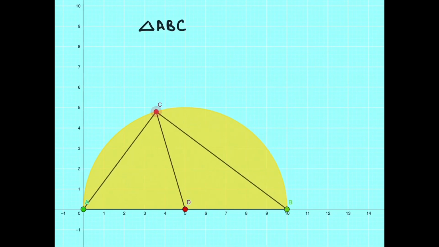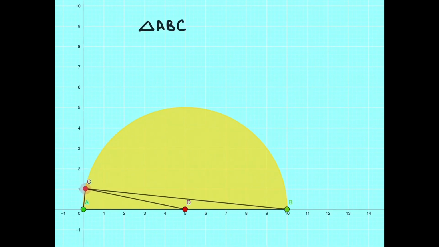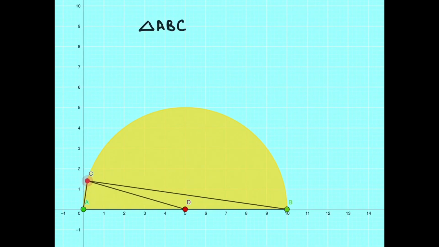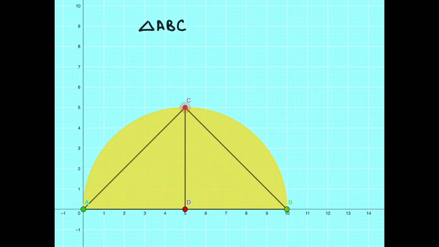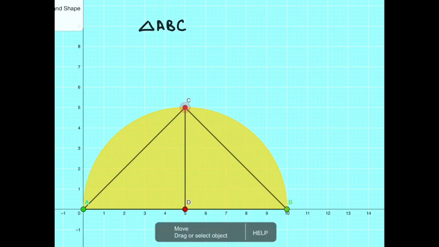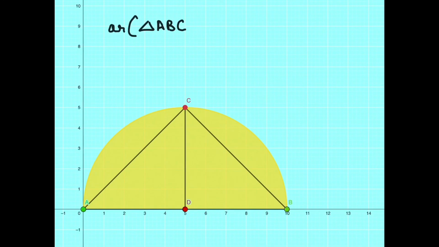So here the height is 1, the base is the same, here the height is 1, consider centimeter or 1 unit. Here the height is different, here it's different, here it is 5, it's different in each case. So in this specific case, the area of the triangle ABC will be equal to half into base into height. So what is this case?